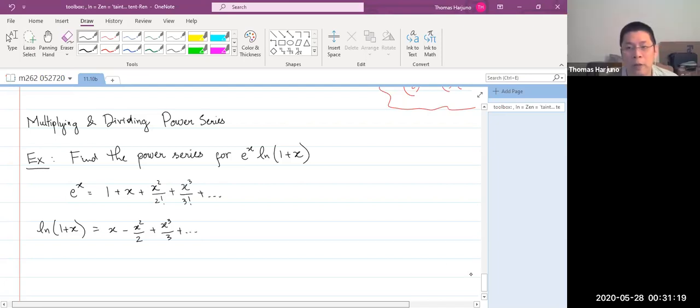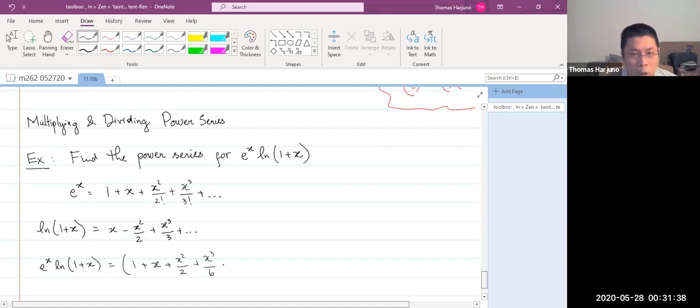Then what happens if I multiply them? When I multiply them, I basically multiply the power series: 1 plus x plus x squared over 2 plus x cubed over 6.